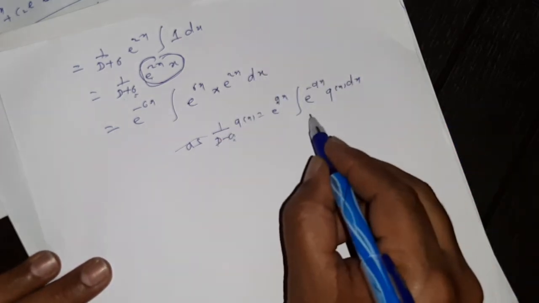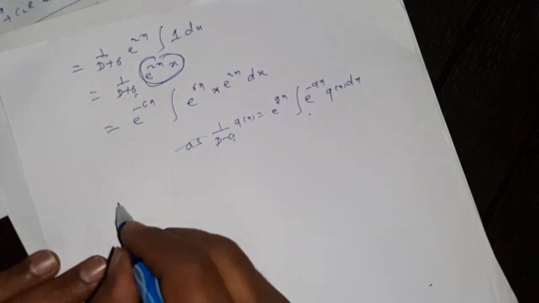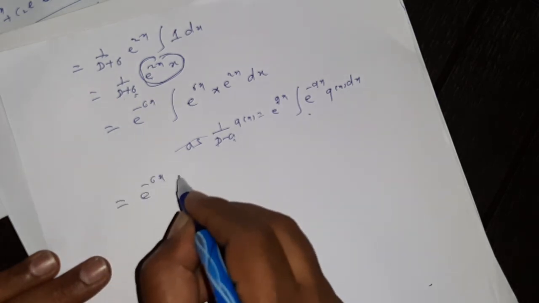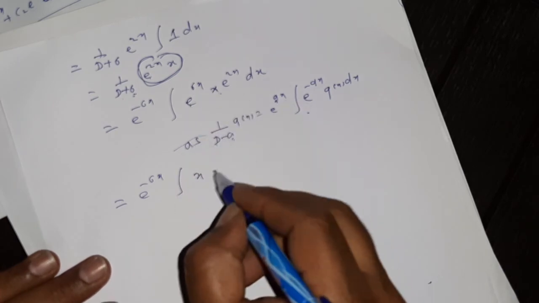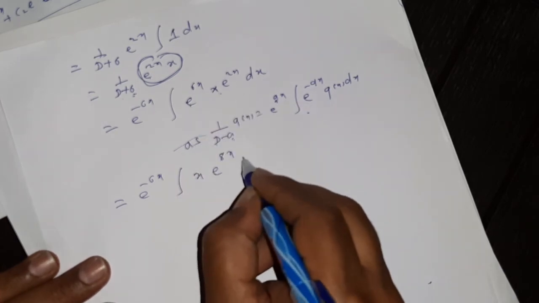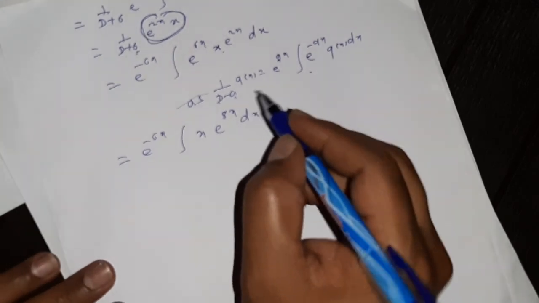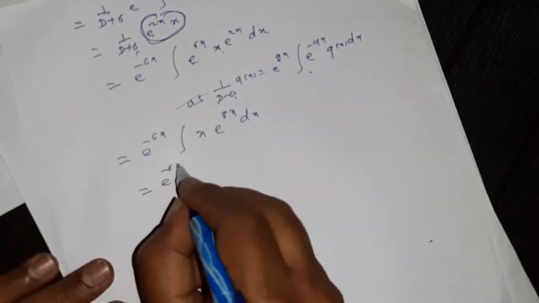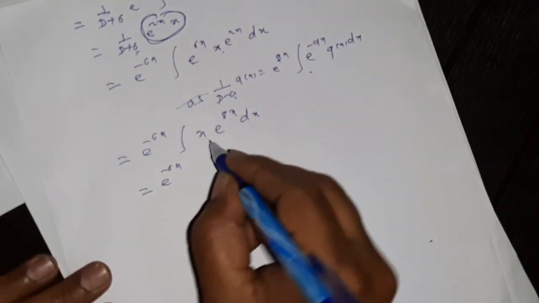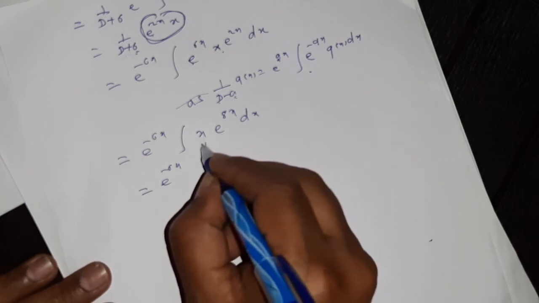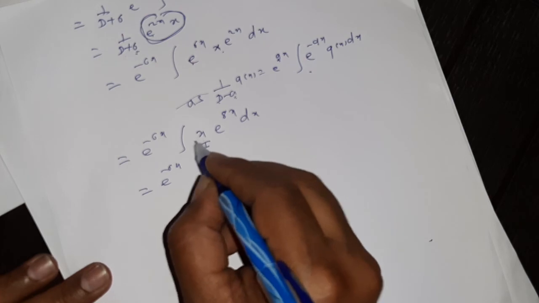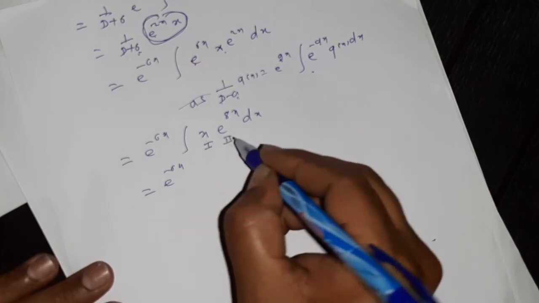So by using this rule, it is equal to, the next step, e raised to minus 6x, integration x e raised to 6x and e raised to 2x becomes e raised to 8x, dx. Okay, then it is equal to e raised to minus 6x and integration of x into e raised to 8x is by using the parts rule. This is the algebraic function x, so it's first, exponential function second.